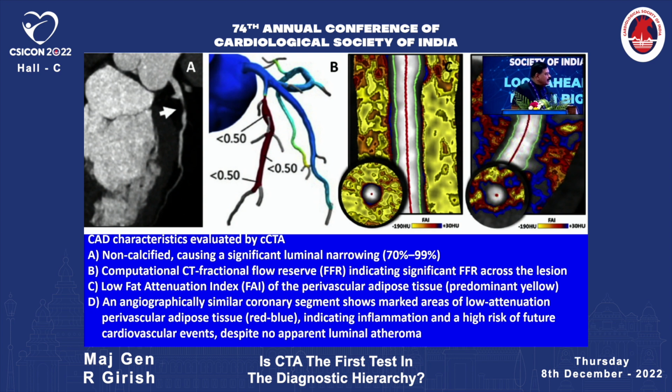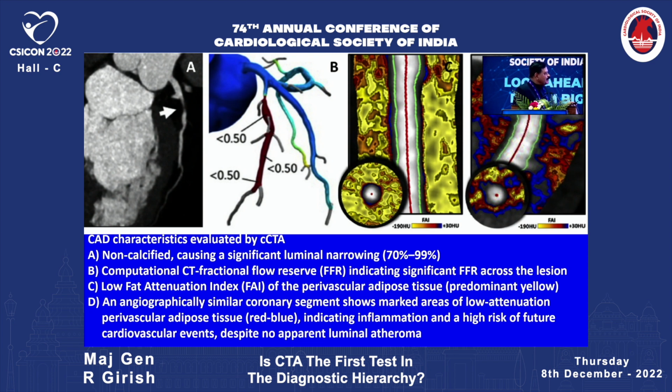It also influences the transcription, that is genetic expression, and creates adipocytes which have low quantity of fat. Besides the increased tissue water content and cellular inflammatory infiltrate, all of them lead to a decrease in attenuation, which can be elegantly imaged by CTA.